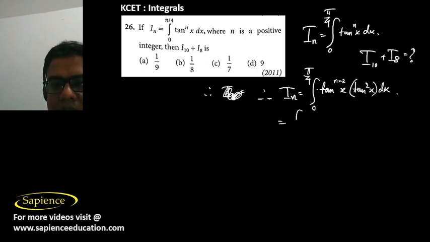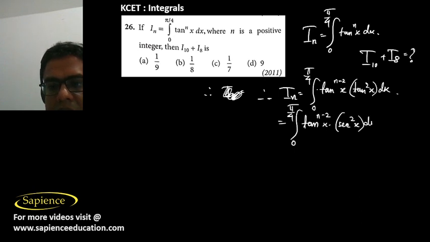Now this we can write as integral 0 to pi by 4 tan power n minus 2 x into secant square x minus 1 dx, minus integral 0 to pi by 4 tan power n minus 2 x dx.